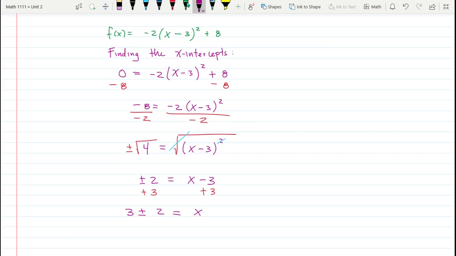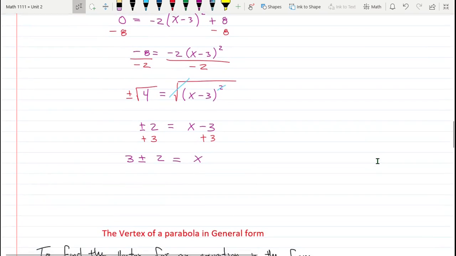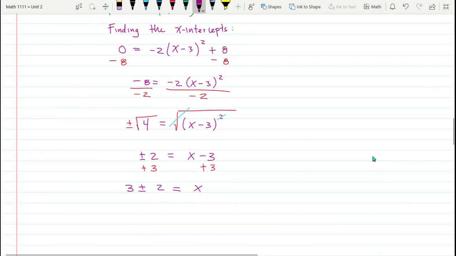So here's where we kind of split that equation and say 3 plus 2 equals x, and 3 minus 2 equals x. So 5 equals x, and 1 equals x.